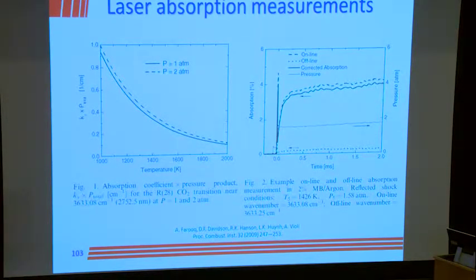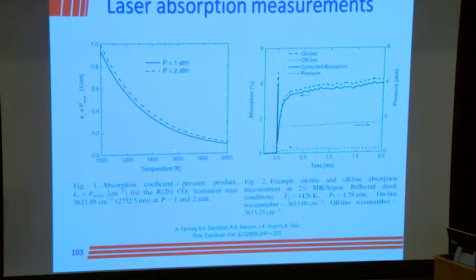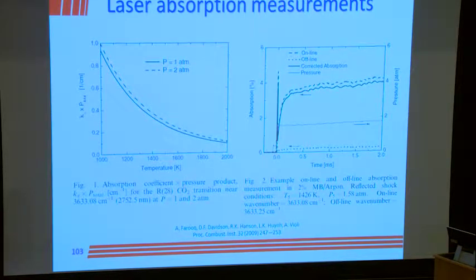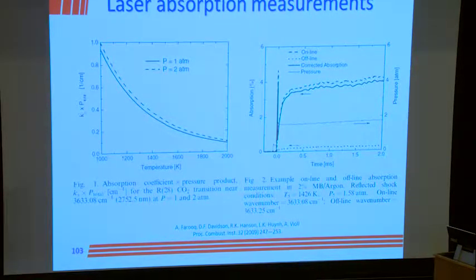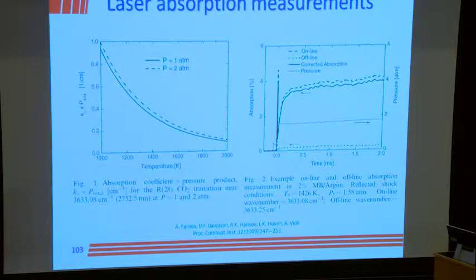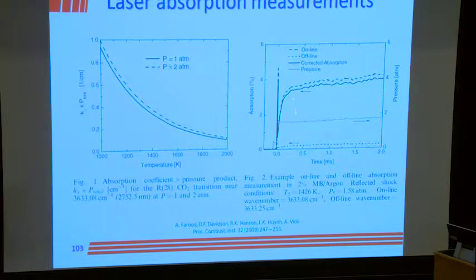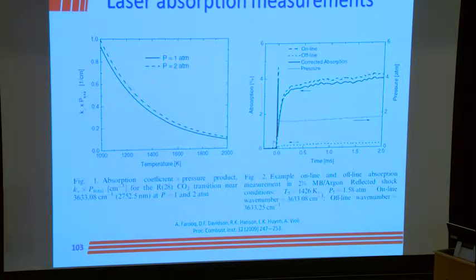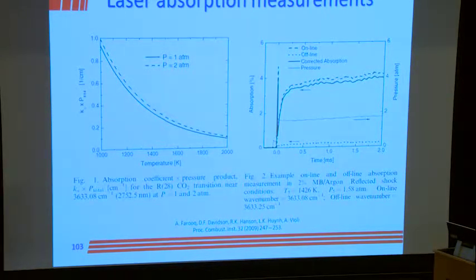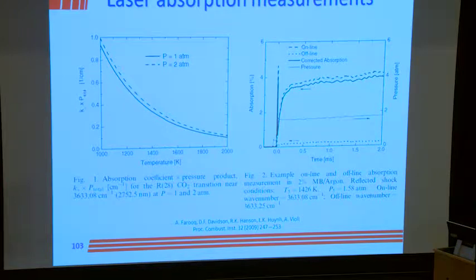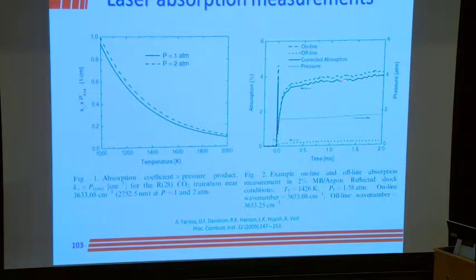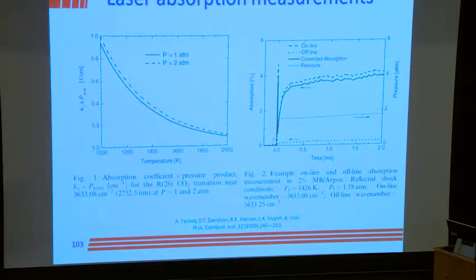So they're looking at the absorption coefficient as a function of pressure here. And it changes slightly as a function of pressure. And then they also can correct for background CO2 absorption. So here's the absorption profile, here's the background absorption, and here's the corrected absorption profile then due to CO2. Okay?